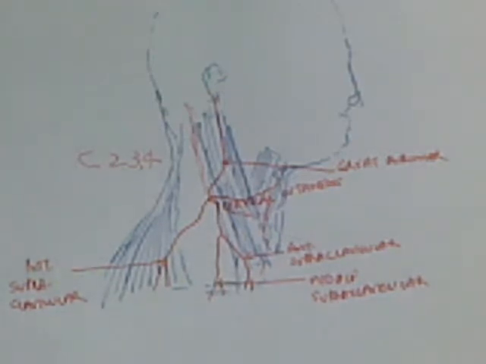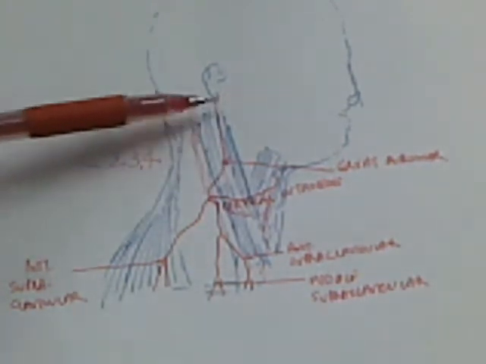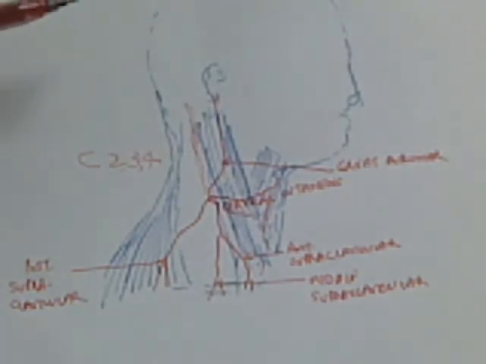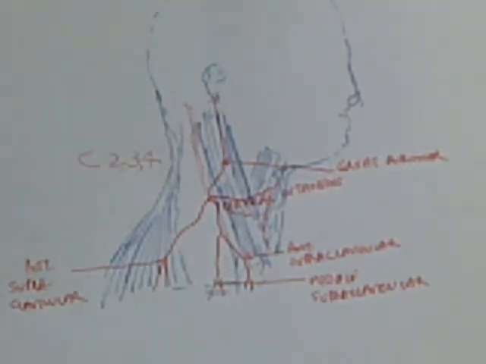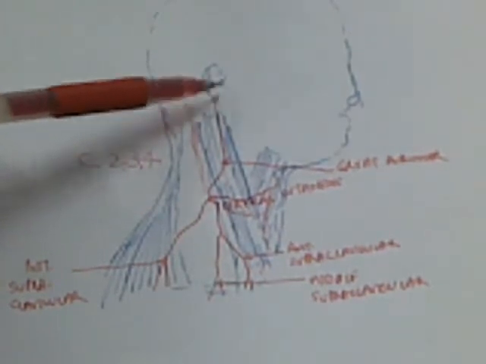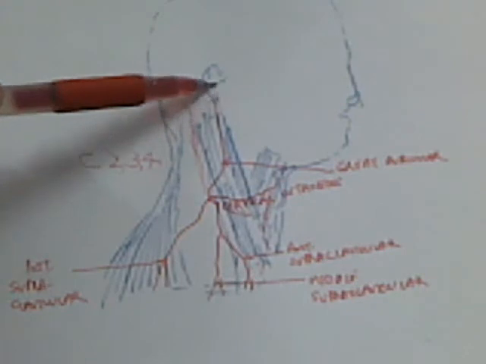And if we talk about its course, it winds around the posterior border of the sternocleidomastoideus, as shown here, and after perforating the deep fascia, ascends upwards upon the muscle beneath the platysma to the parotid gland, where it divides into an anterior and a posterior branch. So in the substance of the parotid gland it divides into an anterior branch and a posterior branch.